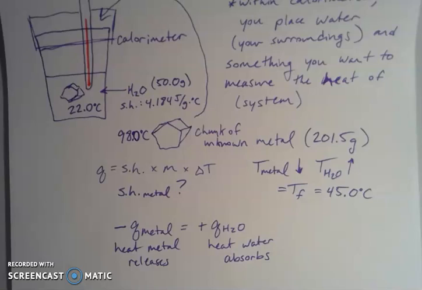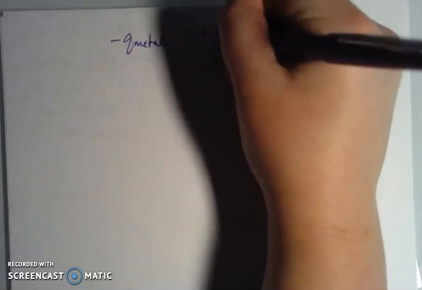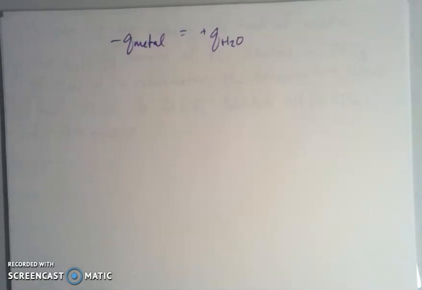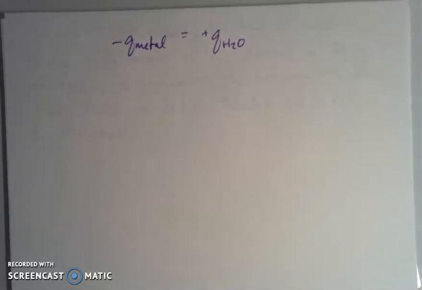Okay. All right, so this relationship then, and I'll write this here at the top over here so I have a little more space. So this relationship, this negative Q of my metal, so the heat that my metal is losing, is equal to the amount of heat that my water absorbs. Well, I have expressions for each of those, right?